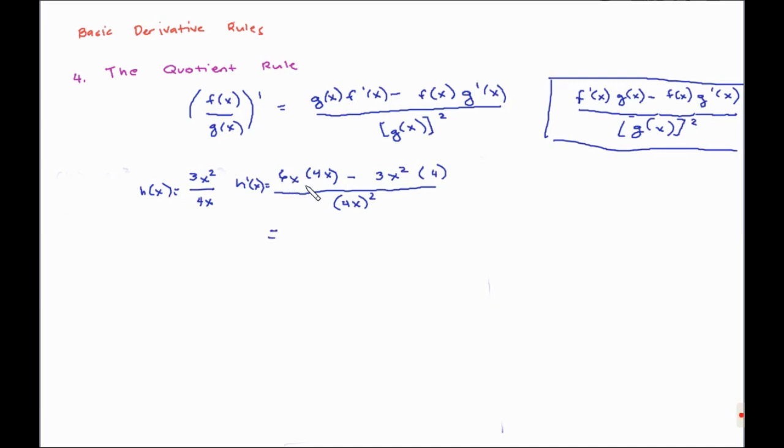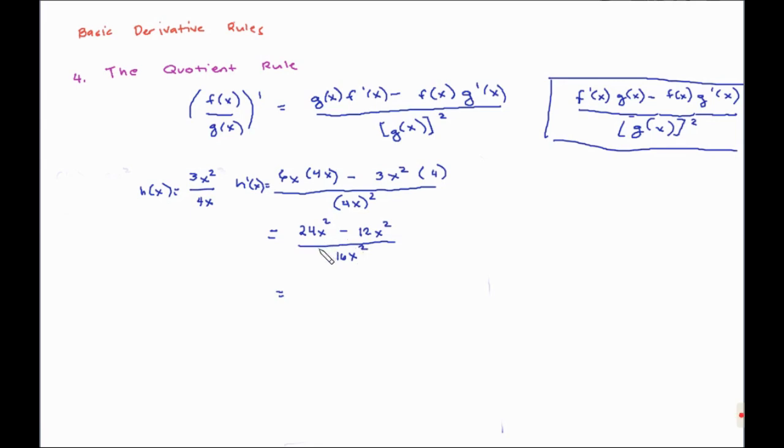Okay. Now, let's simplify. 6x times 4x is 6 times 4, 24x squared, minus 3 times 4 is 12. And then, ito pala yung squared. Squared, all over 4x squared, of course, we are going to have 16x squared.